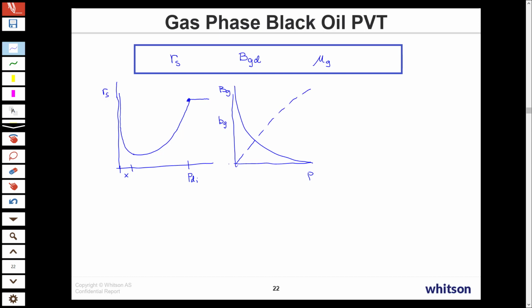This is called the expansion factor, just the inverse of the BG. And because gas viscosity is approximately linearly changing with gas density, we get something that looks like this, fairly flat here.